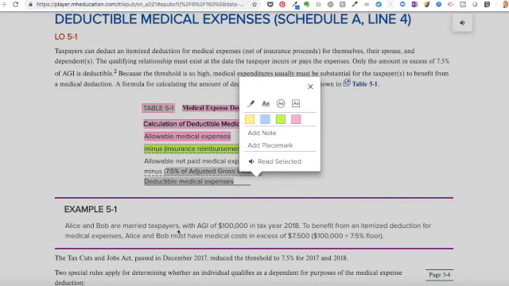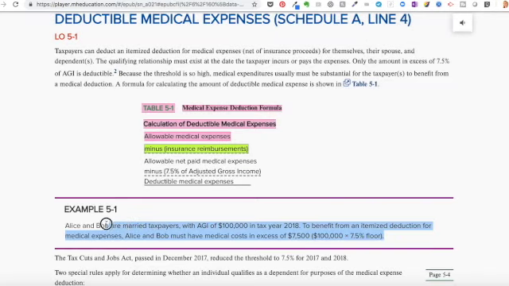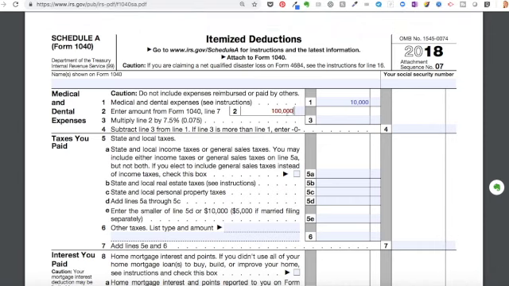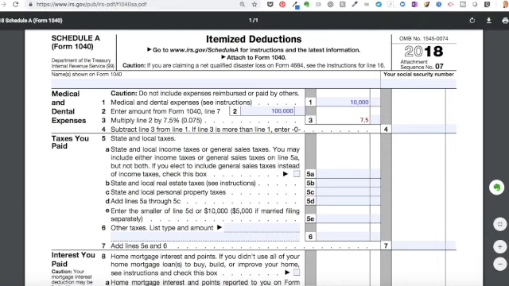So I'm going to show you, and it kind of follows this example you can read through here. Essentially, if someone had AGI, so line 2 here says enter the amount from form 1040 line 7, that's AGI. So if someone's going to spend $10,000 on medical, we presume they must have made $100,000, right? And line 3 here says multiply line 2 by 7.5%, so that's 7,500.